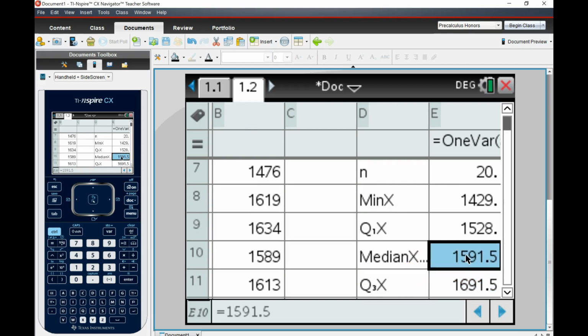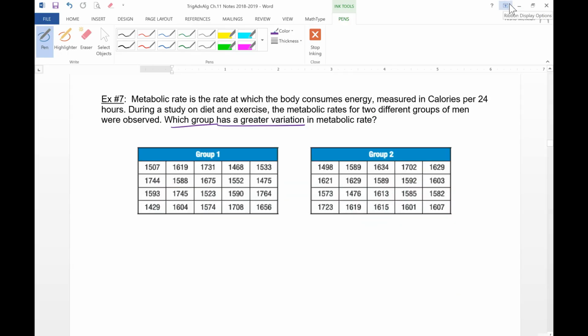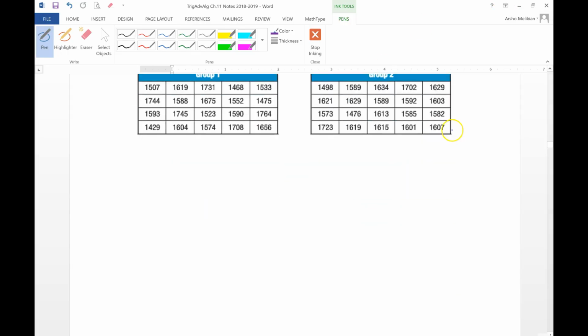That's the median, 1591.5. So here I'm going to write down that my mean is 1603.9, and the median is 1591.5.